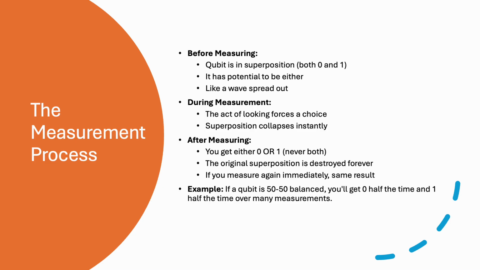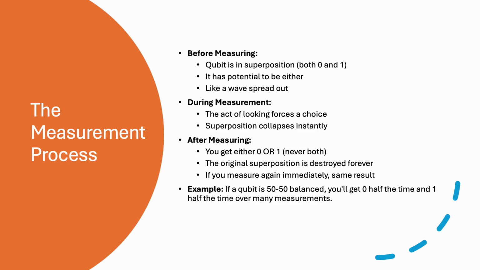The superposition collapses and you get either 0 or 1 as your result. In this case, with 50% probability of each outcome, once you have measured it and gotten, say, 0, the qubit is now definitely 0. If you immediately measure it again without doing anything else to it, you will get 0 again because the superposition has already collapsed.